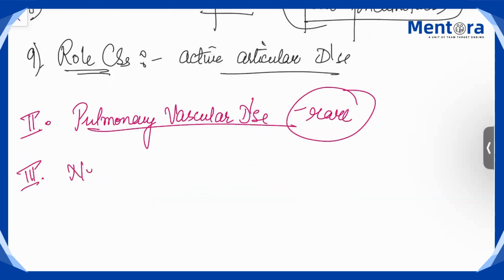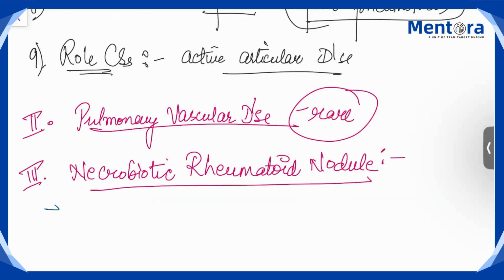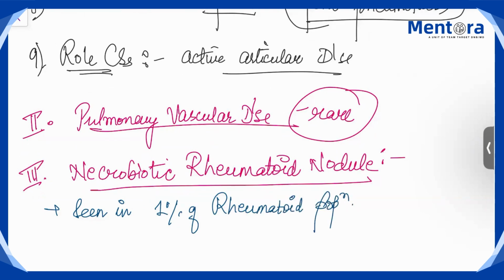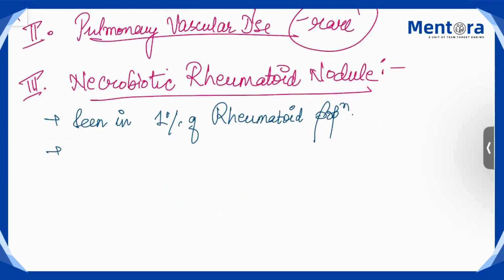One thing that I was talking about, the necrobiotic rheumatoid nodule that you find occasionally, is not present in all. They are seen only in 1% of the rheumatoid population. I have only seen the rheumatoid nodules once or twice in my clinical career till now.